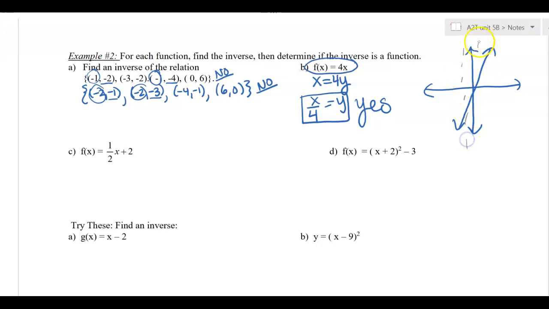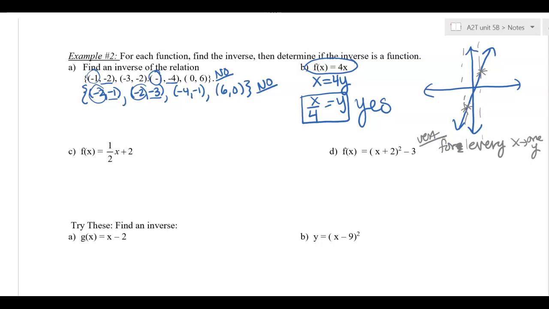When I test any vertical lines on here, this function will only hit once. We made sure that for every x, we have one y. This is what the vertical line test checks, and that makes something a function.